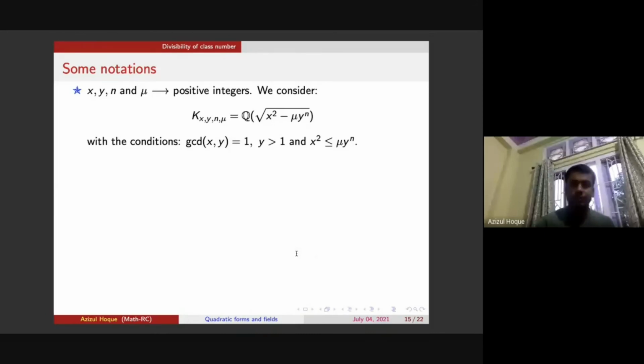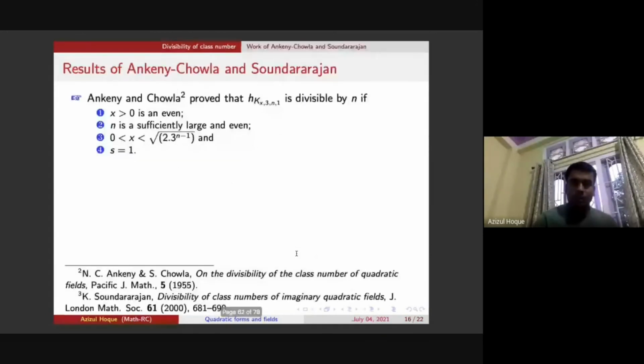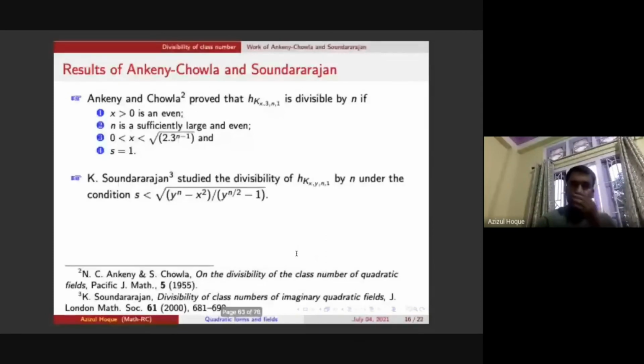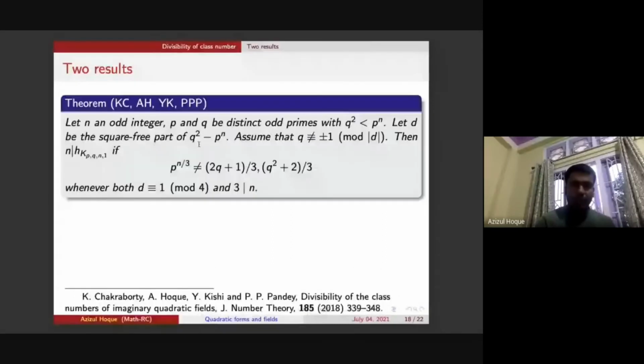So the divisibility problem. Basically, here I'm considering this kind of field, Q root over q square minus p power n. It is far easier to deal with this kind of imaginary quadratic field, that is Q root over q square minus p power n, where q and p both are primes.